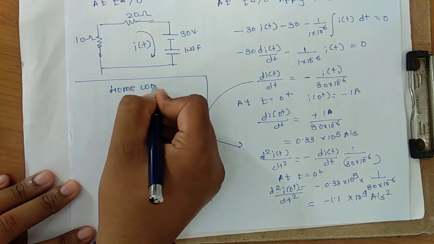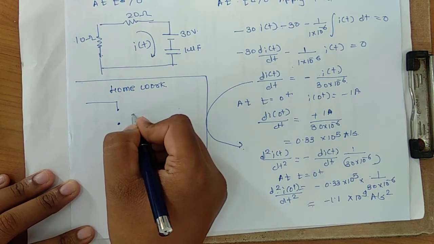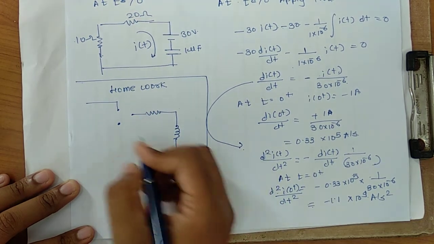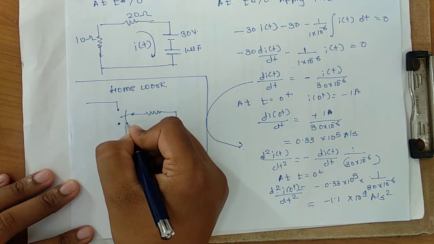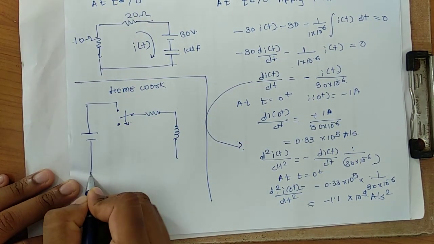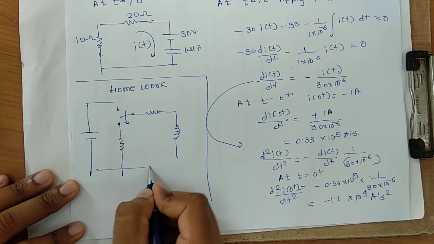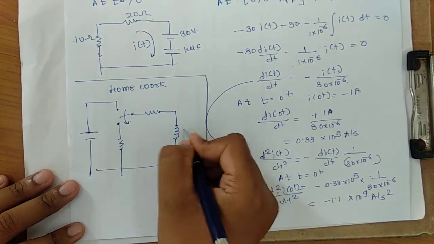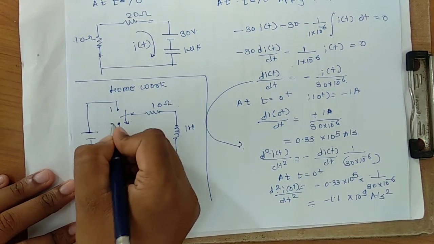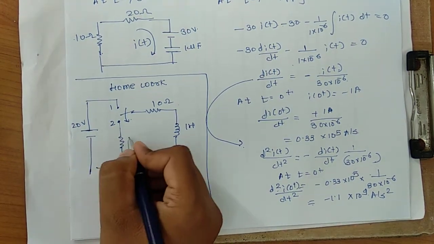So the homework is: the switch is closed at t is equal to 0. There is a voltage source applied, and here a resistance is applied. An inductor of 1 Henry is there, 10 ohm is there, 20 volt, 20 ohm.